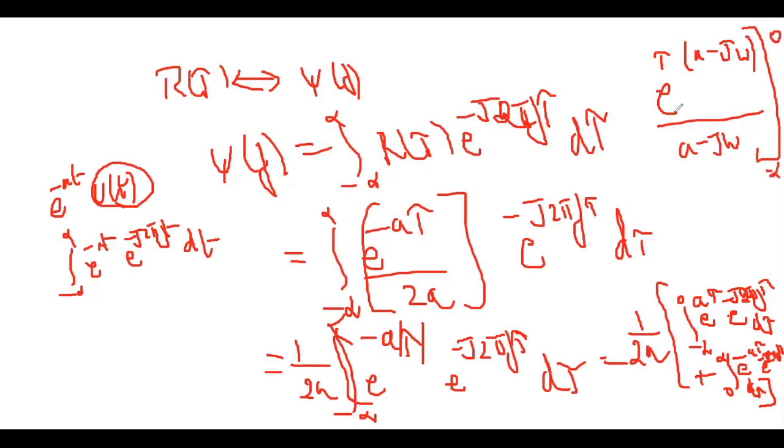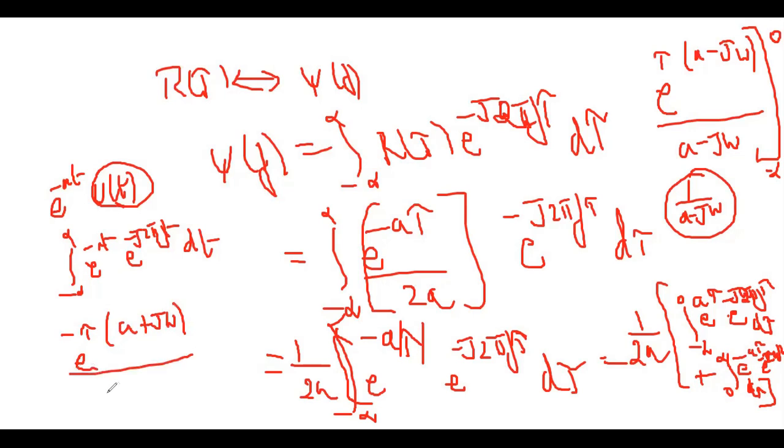Substituting the upper limit 0, 1 by a minus j omega for the first one. For the second function, you can observe the common factor there is minus tau, and we can take the common a plus j omega.